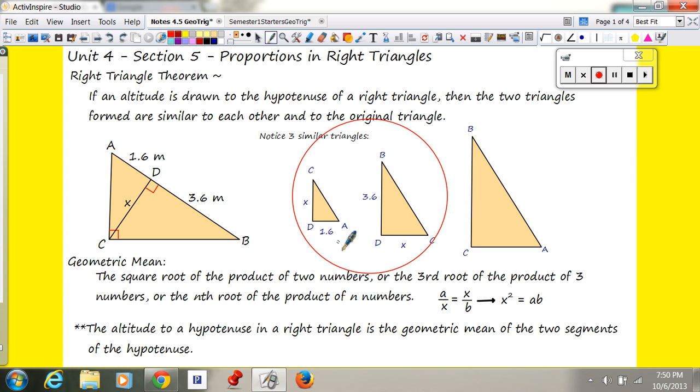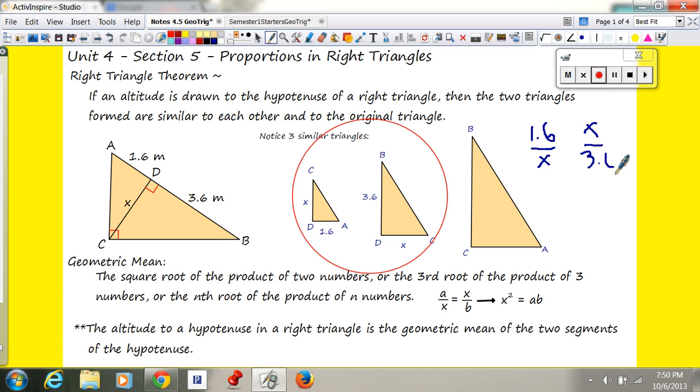What I'm actually going to do, though, is start at the bottom here and put 1.6 over x. I'm going to do my small triangle over my big triangle, so here's my small triangle over my big triangle.